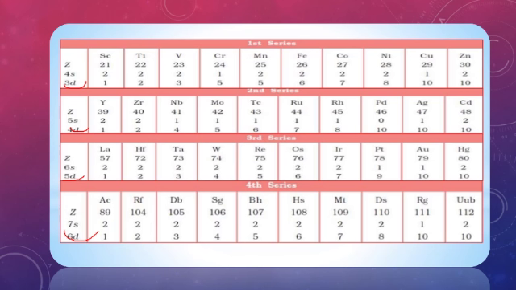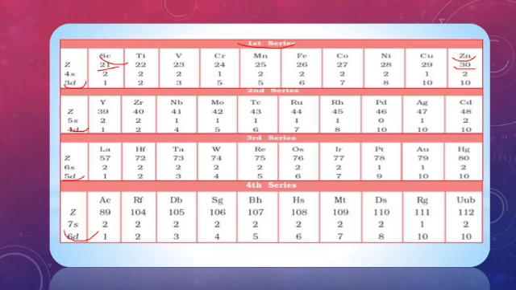In the 3d series, the last electron enters into the 3d orbitals and it is called the first transition series, from scandium to zinc, or we can say from atomic number 21 to 30.